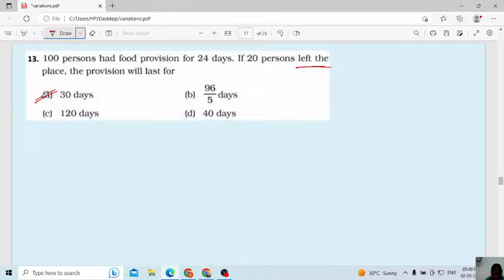Which relation? Yes, it is inversely proportional, means x is inversely proportional to y, means xy it will be constant. Then first case: 100%, how many days? 24 days. Out of 100, how many left? 20 left.